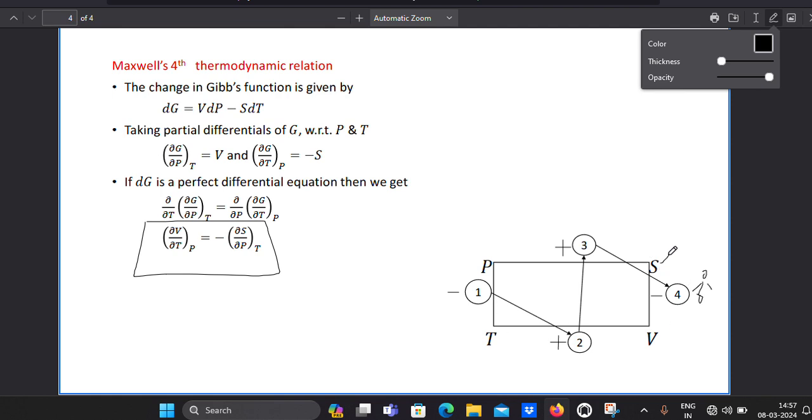Write these two terms, one in the numerator and its corresponding one in the denominator, and attach them. ∂S/∂P is equal to ∂V/∂T, like this. See, ∂V/∂T, ∂S/∂P, and it is minus, so that is why the minus is written here. Okay, so let me check the next one.